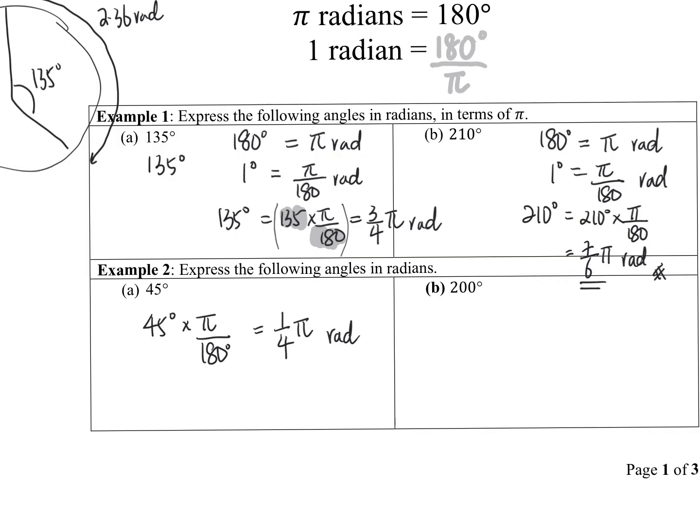Okay, if you want to skip steps, it's always the angle times pi over 180. Example 2. Oh, they want the angle in radians.